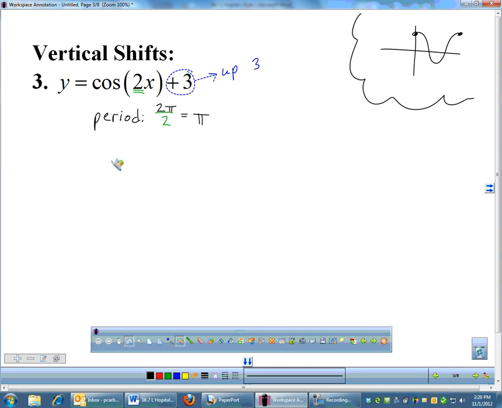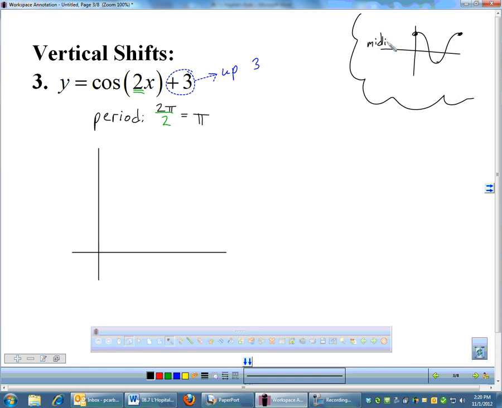Unlike all of the other graphs that we've done where we've done our shifts at the very end, I'm actually going to tackle my vertical shift at the very beginning. Normally when we graph sine or cosine, we center everything on the x-axis. We go above the x-axis and we come below the x-axis. For lack of a better word, I'll just call the x-axis the midline. I don't know if it actually has a name.